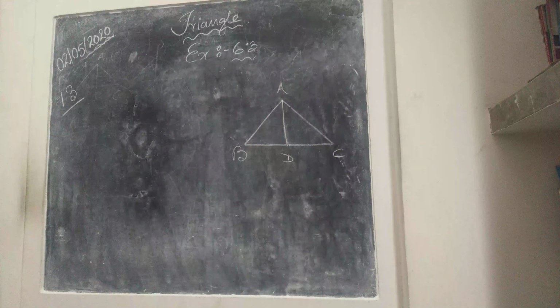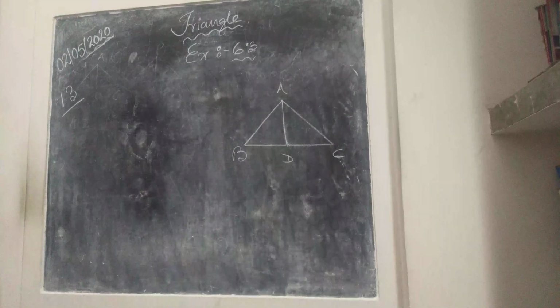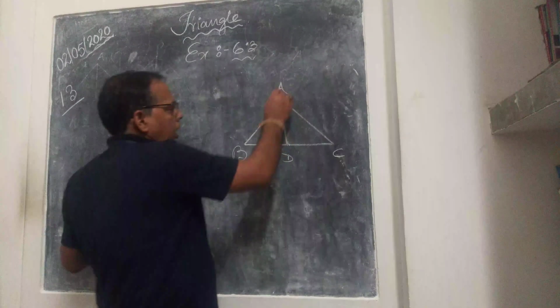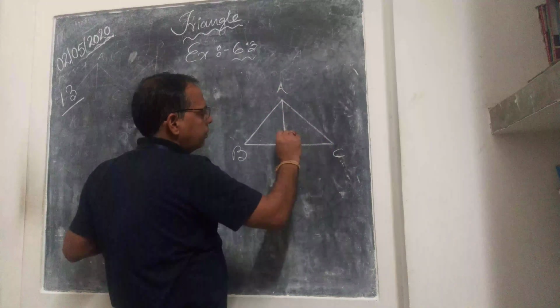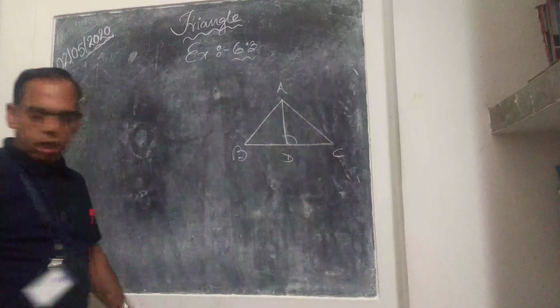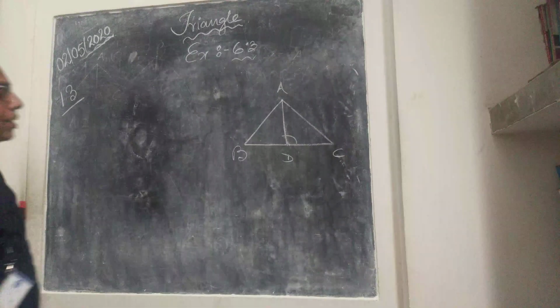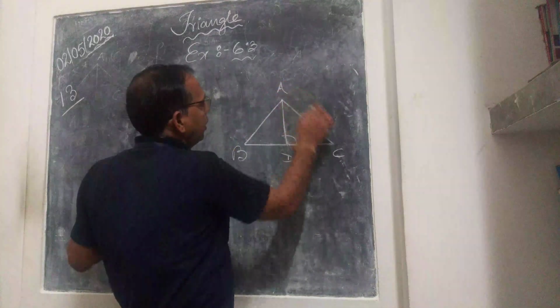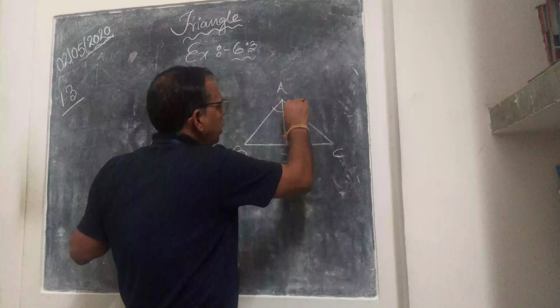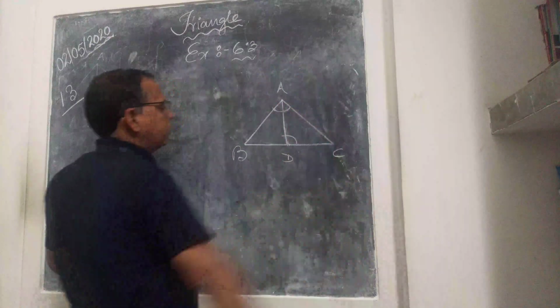Now after AD, you see D is the midpoint of BC of triangle ABC such that angle ADC equals angle BAC. That means these two angles are equal.